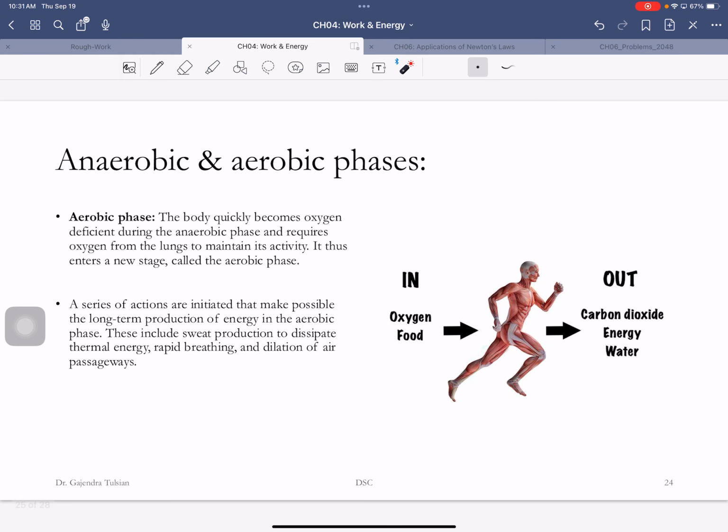The aerobic phase, you start breathing. The body quickly becomes oxygen deficient during the anaerobic phase and requires oxygen from the lungs to maintain its activity. It thus enters a new stage called the aerobic phase. So now you have to work long-term. A series of actions are initiated that make possible the long-term production of energy.